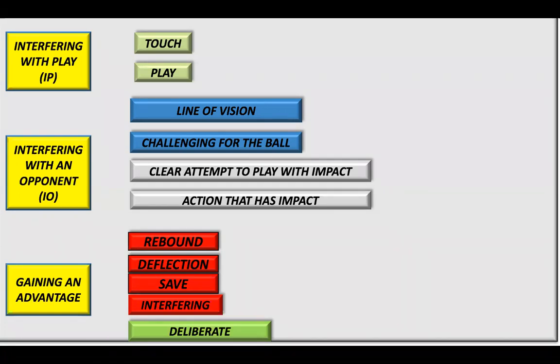Yes, we mentioned that before. It's the line of vision, but the big thing you're going to be looking at is where the kicker is, because if those 3 players in the offside position were to the right of the goal or to the left of the goal, and they weren't in the line of vision of the goalkeeper, then it's not going to make a difference. But if any of those 3 were standing directly in the line of sight of the goalkeeper, then we have interfering with an opponent.